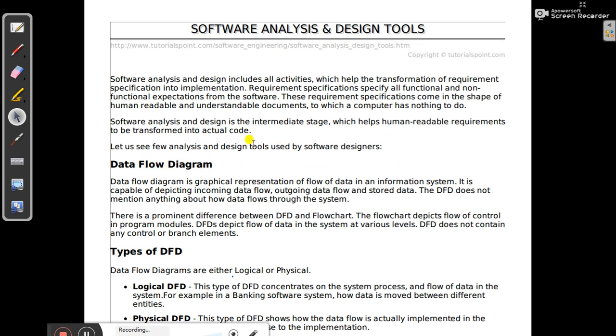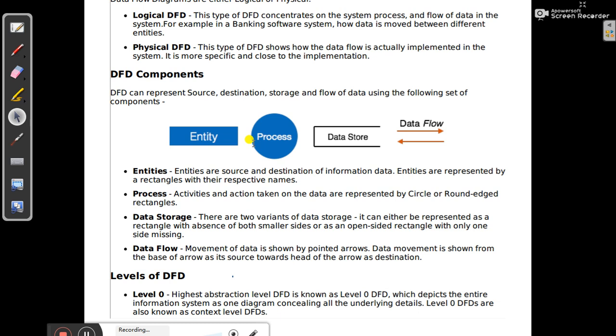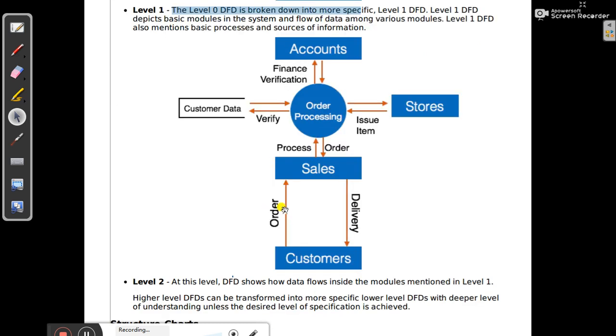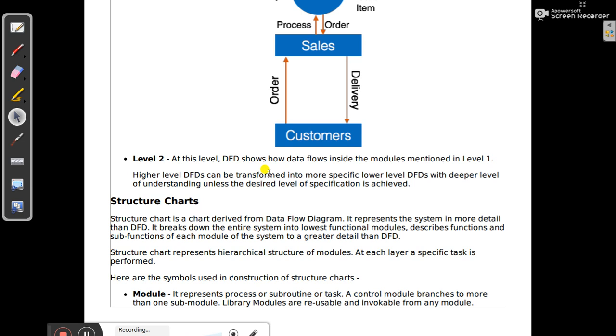So this is the way we can describe or design an information system. Not only information systems, we can show this type of depiction in different fields also, but as usual in information systems we use these DFD diagrams to show how the data is flowing.